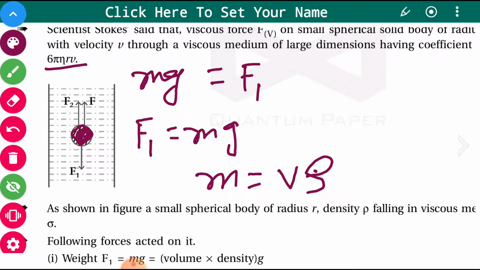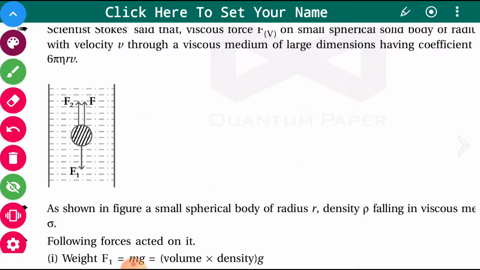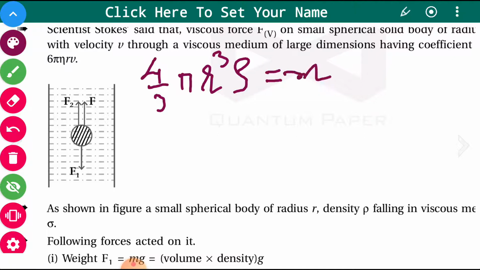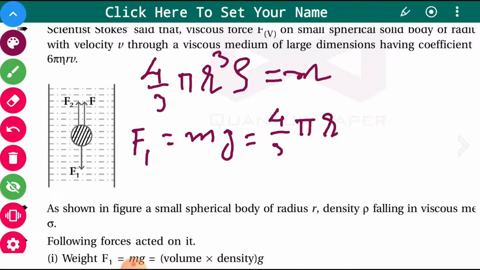So the volume of the sphere is 4 by 3 pi r cube, and multiplying by rho gives the mass of the sphere. Therefore the force F1 will be m into g, that is 4 by 3 pi r cube rho into g.